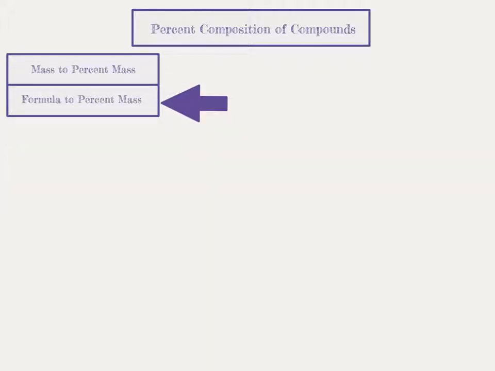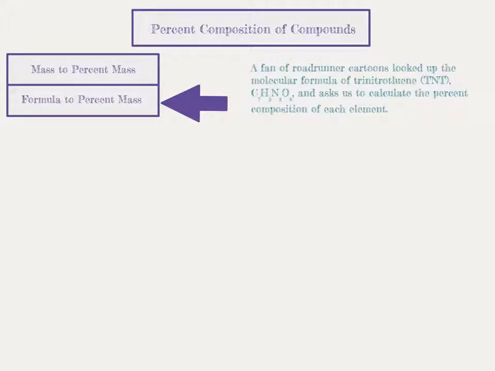Now let's try a different type of example, one where we start with a known formula and then predict the mass percents. A fan of the Roadrunner cartoons looked up the molecular formula of trinitrotoluene, aka TNT, C7H5N3O6, and asked us to calculate the percent composition of each element.